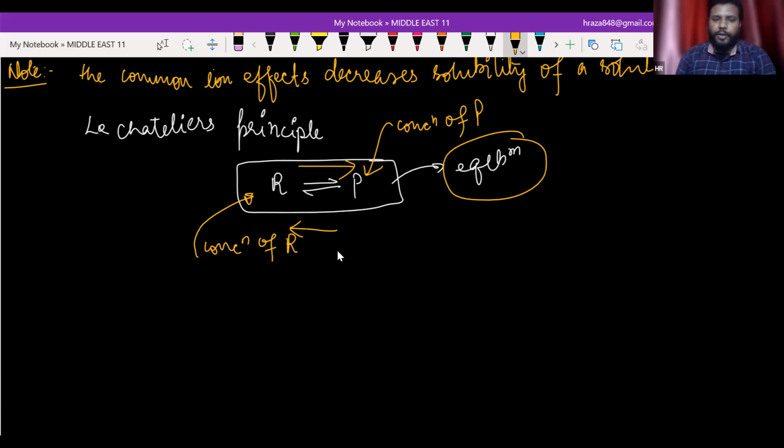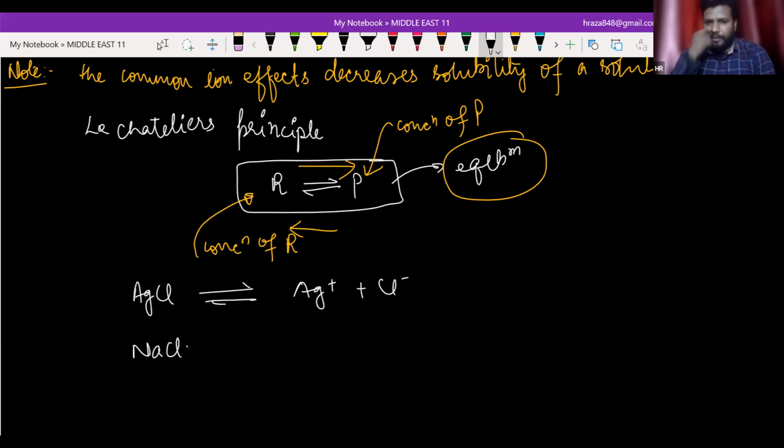Now, in the same way, here is AgCl. So it will be Ag+ plus Cl-, and you are going to take NaCl as well, not the same reactant. Are you getting my point?